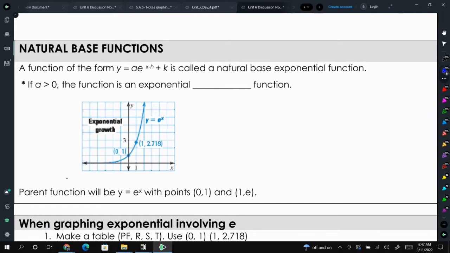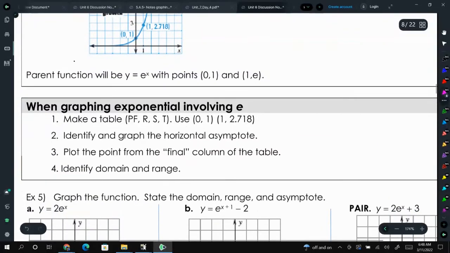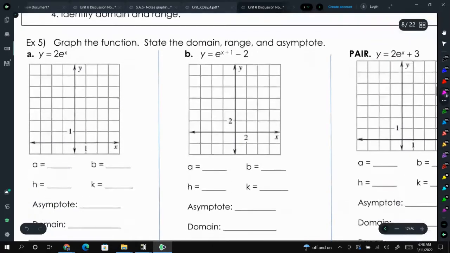So now we're going to graph functions with a base of e, and our growth rate, or our b value, is e, which is approximately 2.72, and since that number is bigger than 1, this is a growth function. So we're going to graph it the same way, except we're going to have base e instead of base 2, base 3, or whatever we had in those problems. So it's going to look the same as our exponential growth graphs.